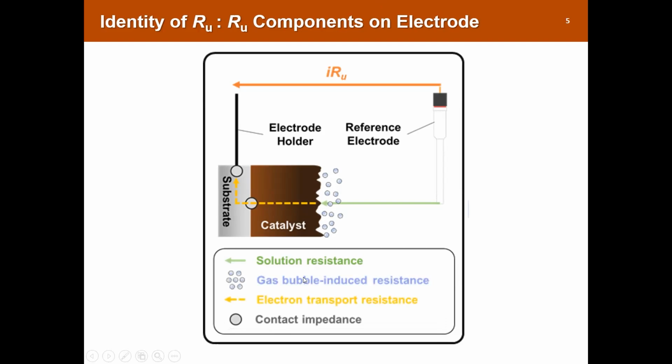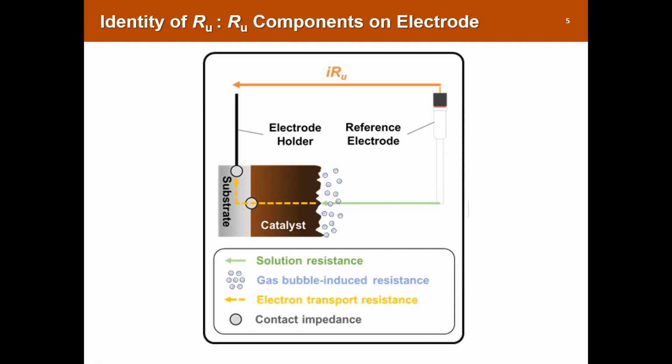So let me just show you. Yes. We will have several components. Yeah, but usually you would like to hope that your uncompensated resistance is mostly due to solution resistance. But yeah, that's true.